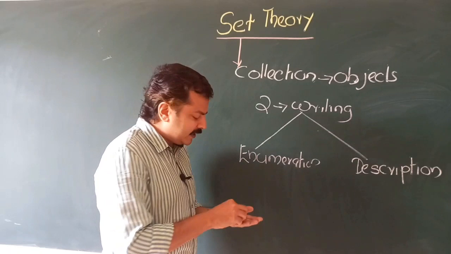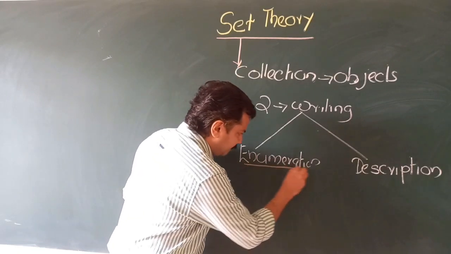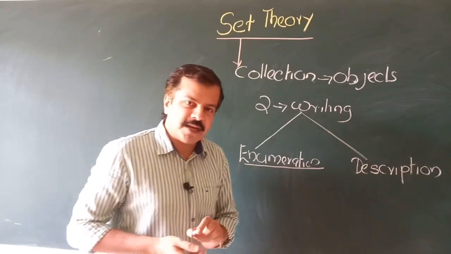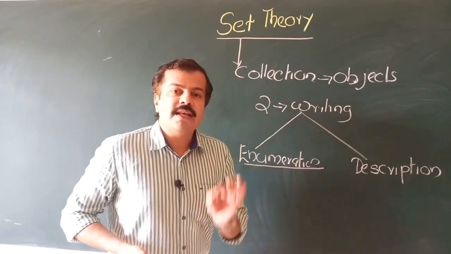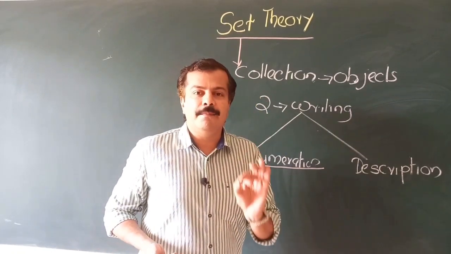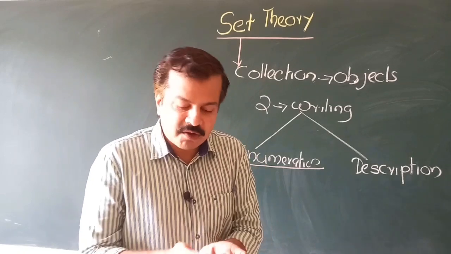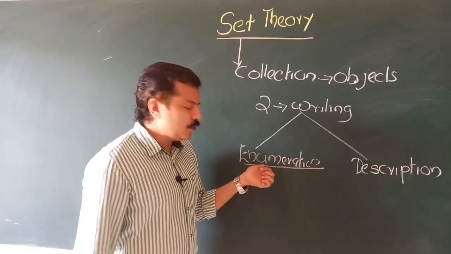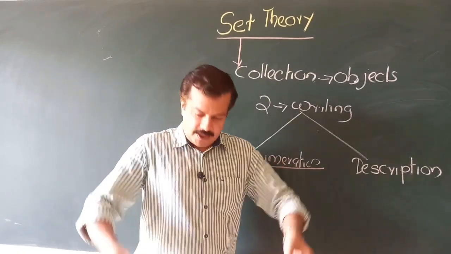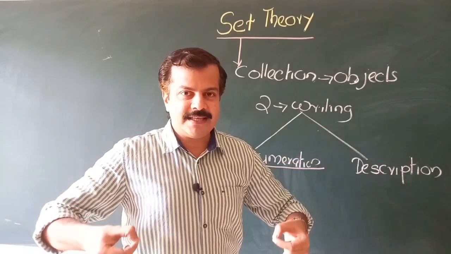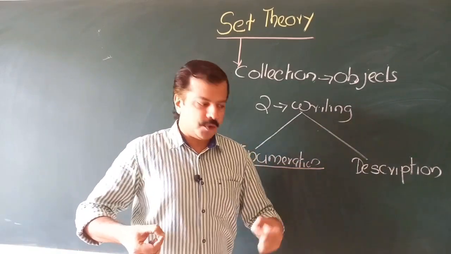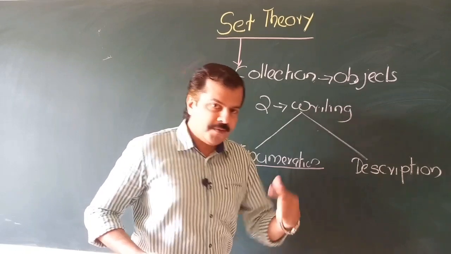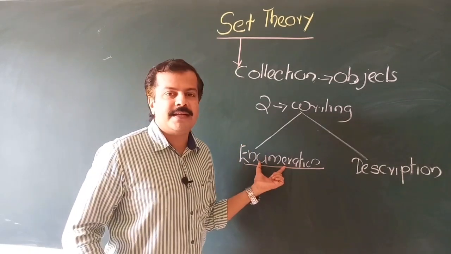In the enumeration method, as the name itself suggests, we will list out each and every element of a set. So when we write a set using the method of enumeration, we will present all the elements in the set.